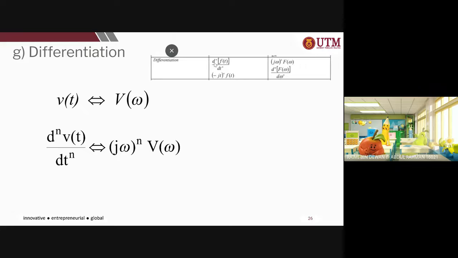That's why we have d^n; it depends on the order of differentiation. The order of differentiation results, when you transform it, in (j omega) to the power of n. So for first order it is j omega, but for second order, it will be squared, (j omega) squared times F(omega).